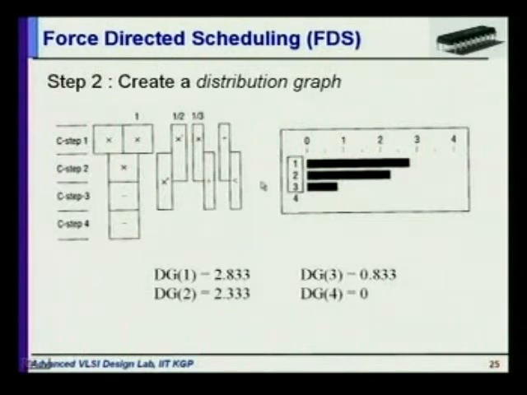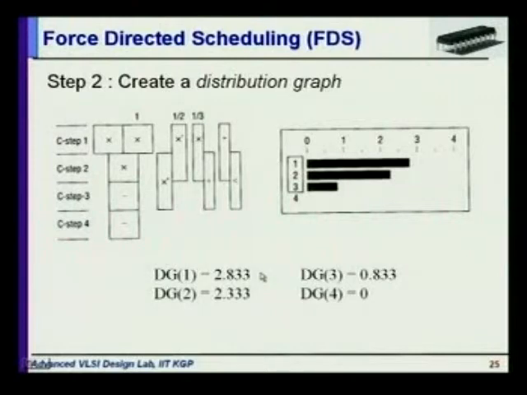You have to do the same for every operator, like the multiplier and the adder. I am considering the multiplications only. In the first control step you need 2 multipliers plus 0.5 and 0.33, so it is 2.833. Similarly for control step 2 it's 2.333, like 1, 0.5, 0.5 and 0.3.